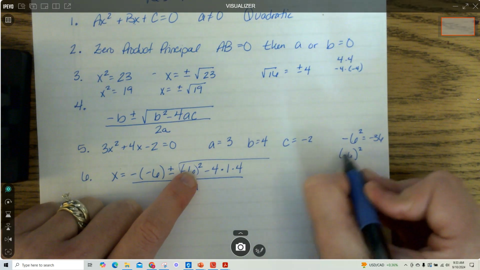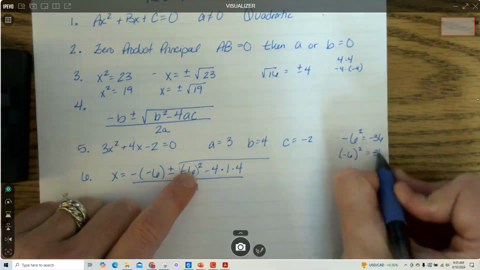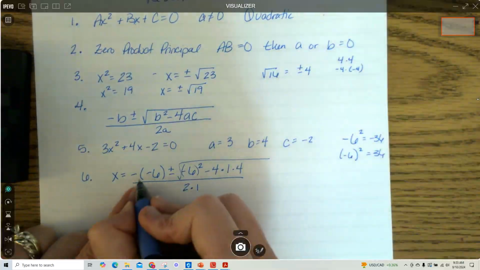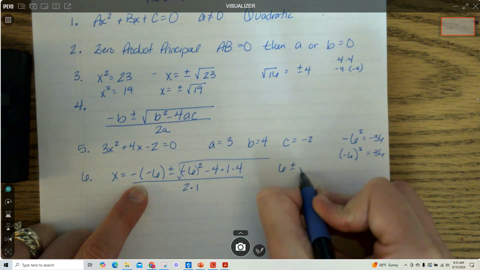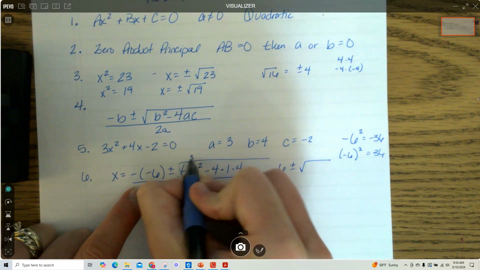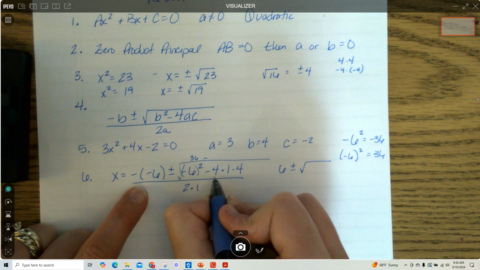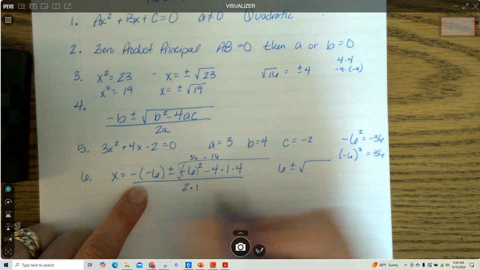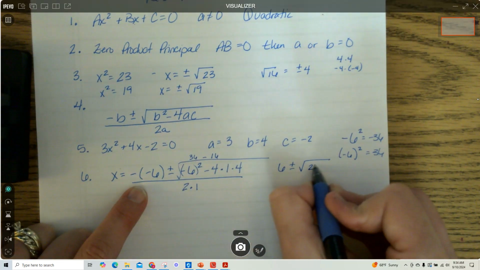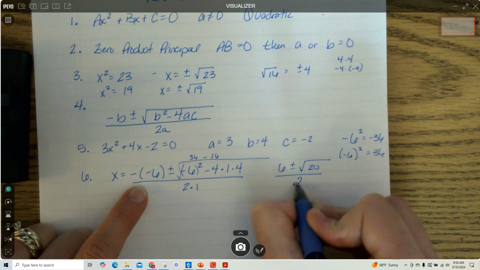You write it this way, you're squaring the negative 6. So just, again, watch your signs. So negative 6 would be a positive 6. This would be 36 minus 16 over 2. So 36 minus 16 would be a 20 over 2.